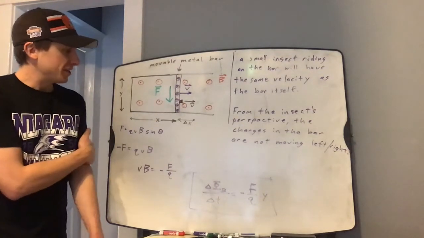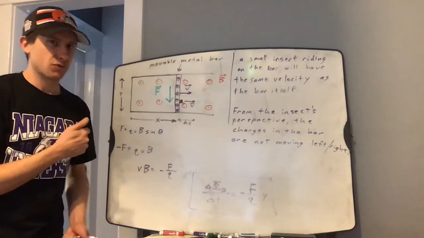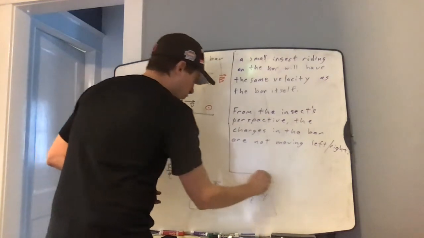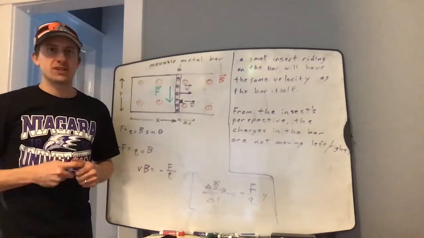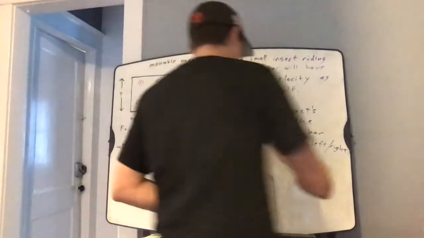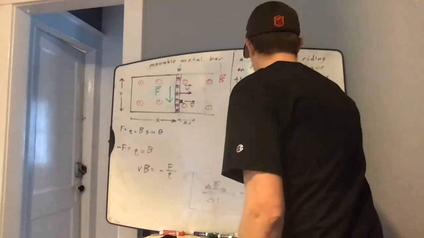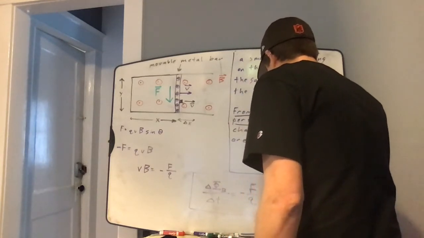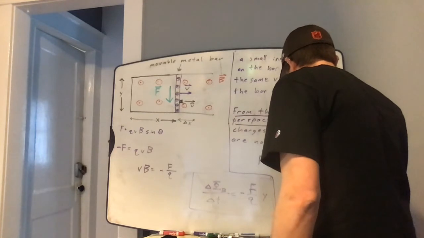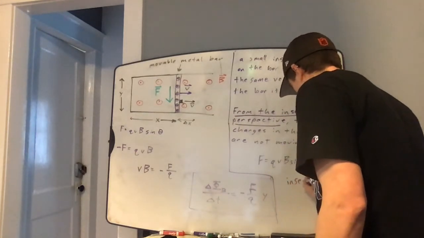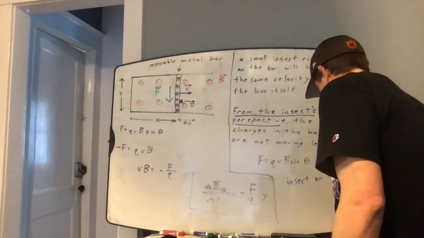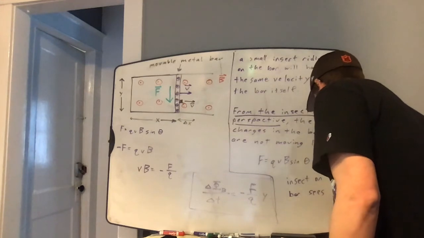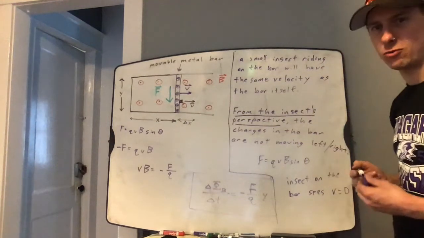Okay, what is a consequence of this viewpoint? Well, the insect will say that there is no magnetic force on the charges, because from the insect's perspective, F we said was QVB sine theta, but the insect on the bar sees a speed of the charges as being 0.